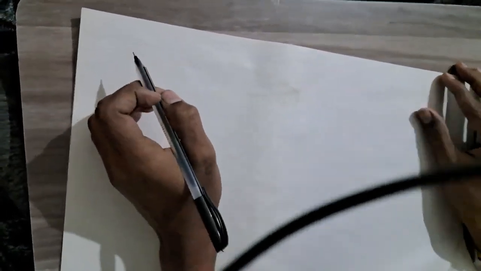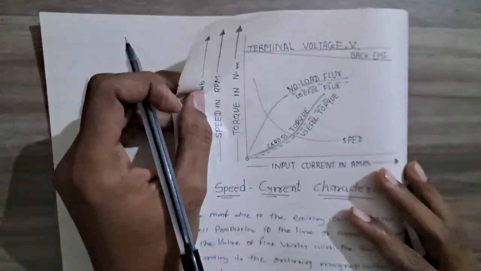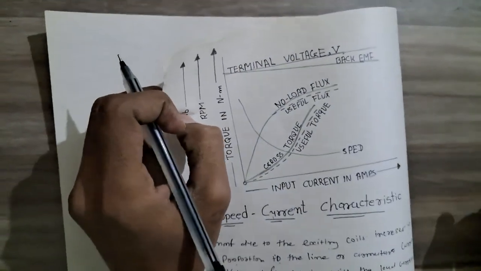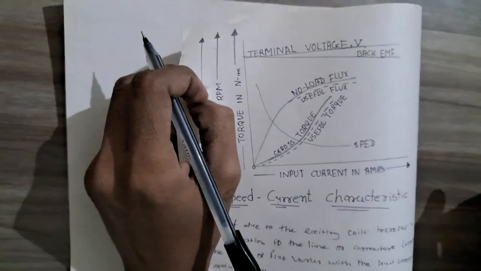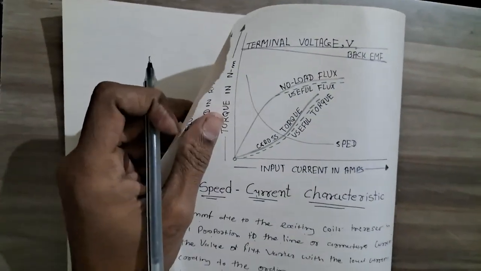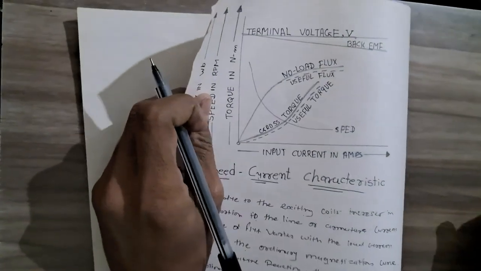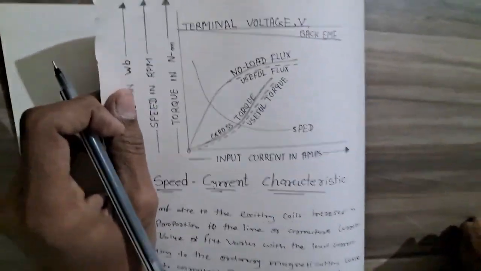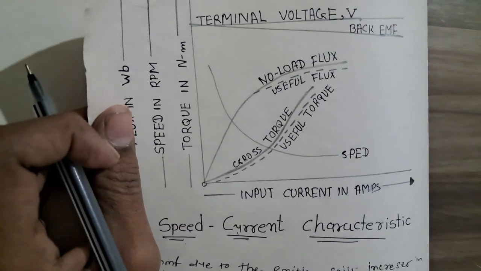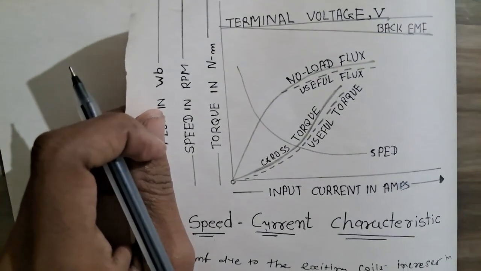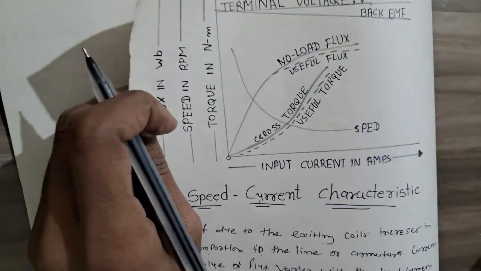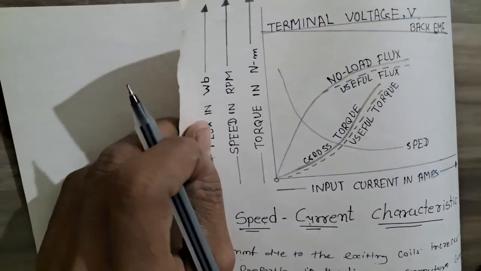So from the speed-current characteristic curve it is obvious that the series motor is a variable speed motor, that is, speed varies with the variation in line current. With the decrease in load on a DC series motor, the speed increases and may become dangerously high at very light loads.